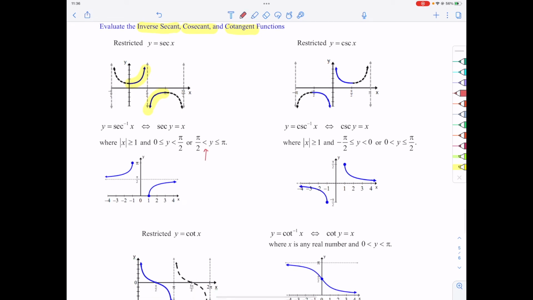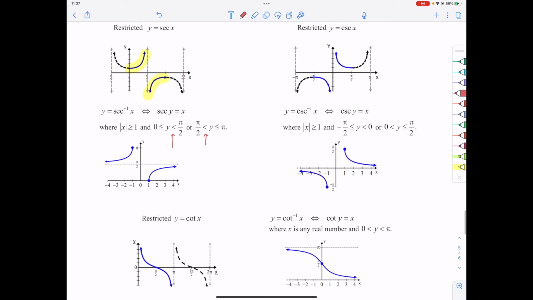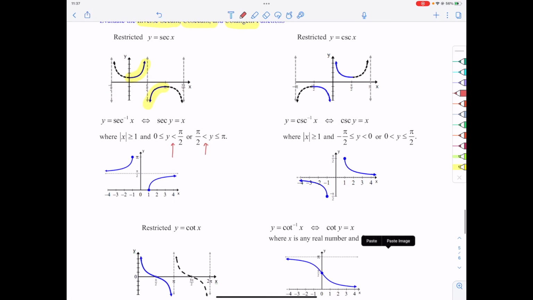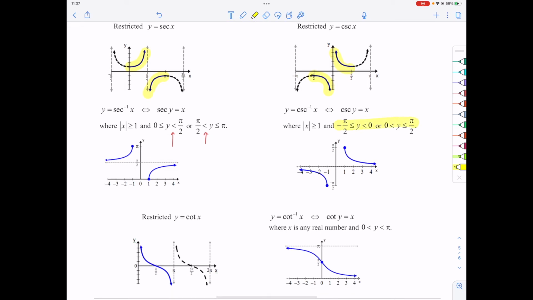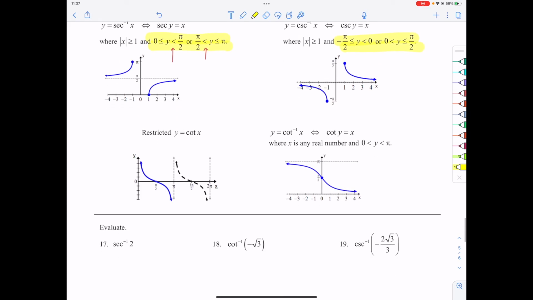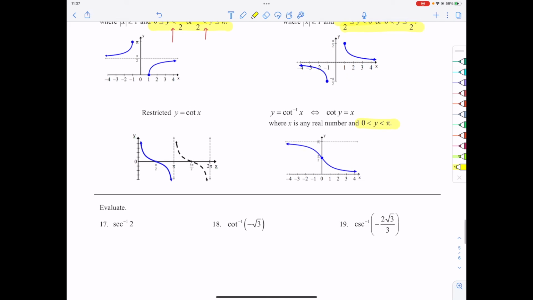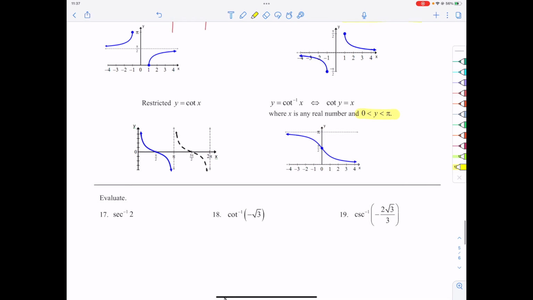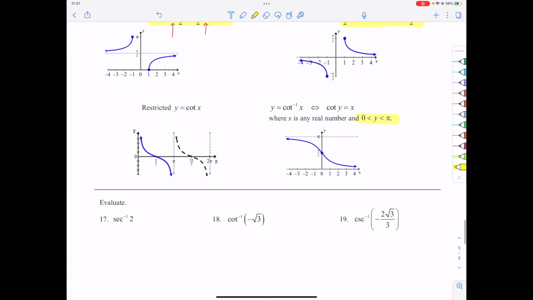At pi over 2, strict. Likewise with the cosecant, negative pi over 2 to 0 and 0 to pi over 2. And let's look at the cotangent. We will be between 0 and pi for the cotangent of x. We have these restrictions again so that that inverse function exists.